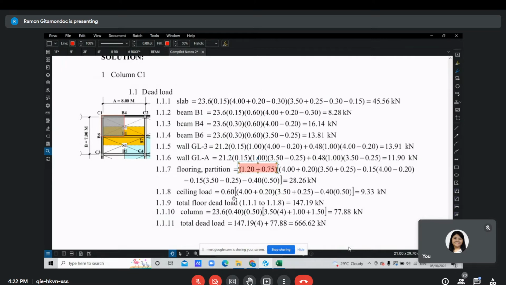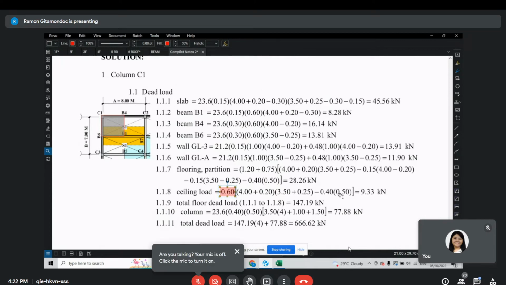Now for the ceiling load, imagine which portion you will multiply by this ceiling load of 0.6 kPa. So you have here the gross dimension, then minus the area occupied by the column, because of course within the column you don't put the ceiling.